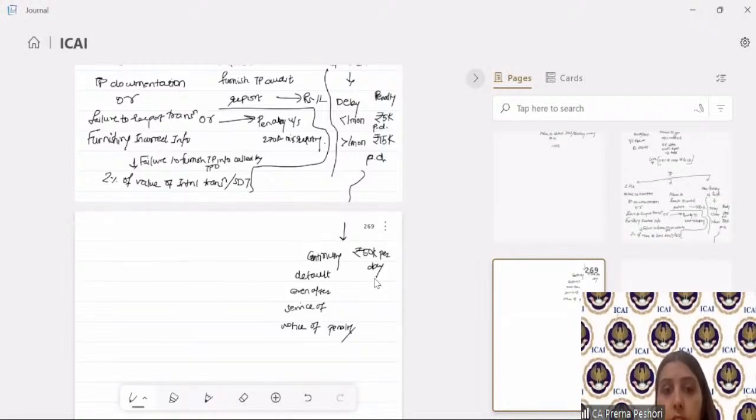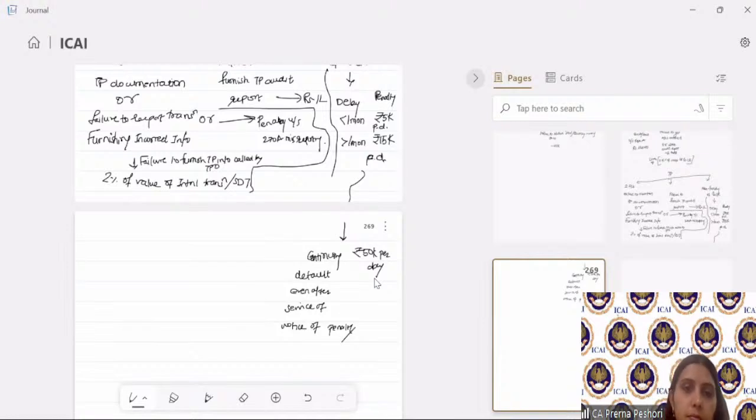Then if you fail to produce the information before the authorities, then also it is going to be 5,000 per day from the day following the day on which the period for furnishing the information expires. And if there is again continuing default even after service of penalty order, then also it is 50,000 per day.